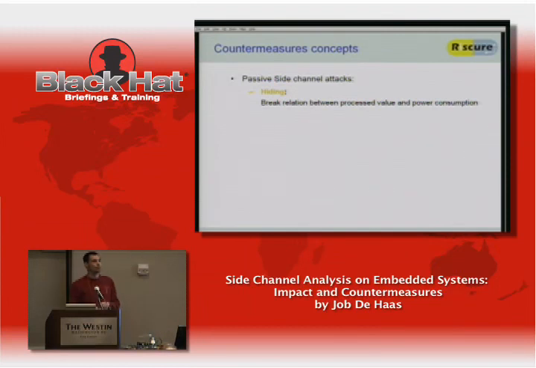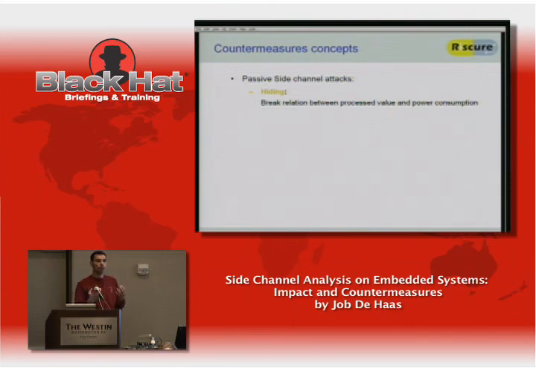If you have passive attacks, so we're now just looking at the system, we cannot influence it, then there are two places that you actually want to make it more difficult or prevent the leaking. One is hiding, where what you're actually trying to do is the same thing as the balancing.